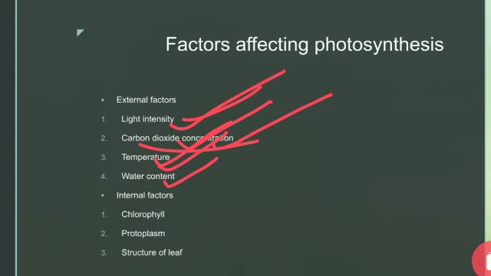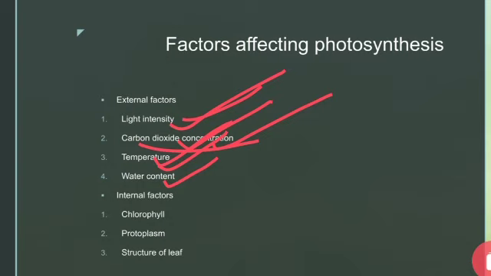The next topic is temperature. As we know, any life process which takes place in a living organism depends upon an optimum temperature, meaning a range of temperature. If the temperature decreases, the enzymes won't be activated.